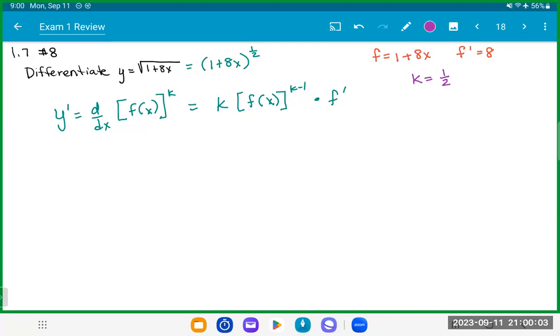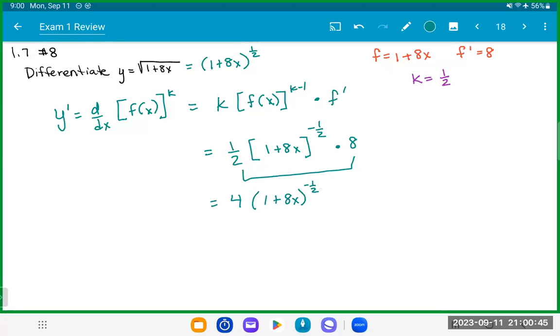So when we plug all of that into our function, we get k is 1/2 times my function, which was 1 + 8x, raised to the k, which is 1/2 minus 1. So that's going to give me a negative 1/2, times 8. So 8 times 1/2 gives me 4, just multiplying those two. That gives me 4, and then I have (1 + 8x) raised to the negative 1/2.